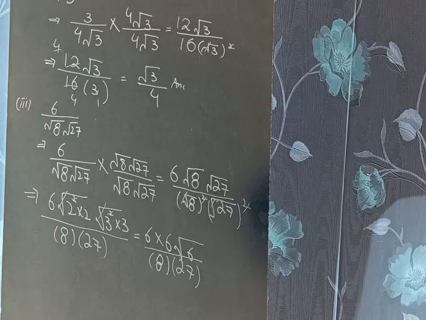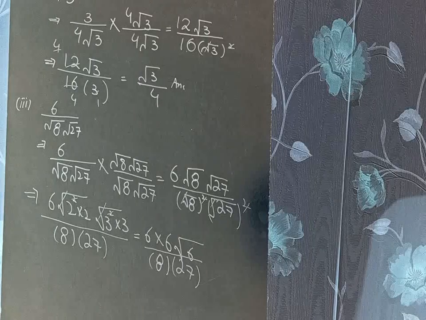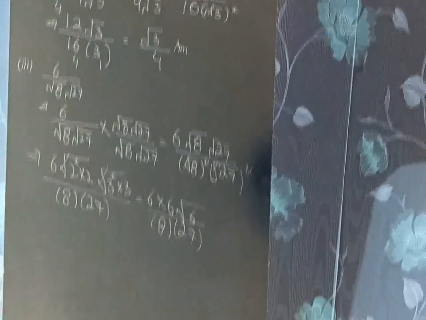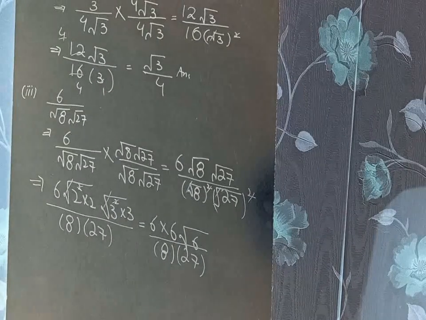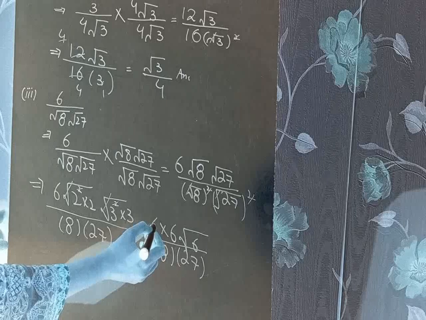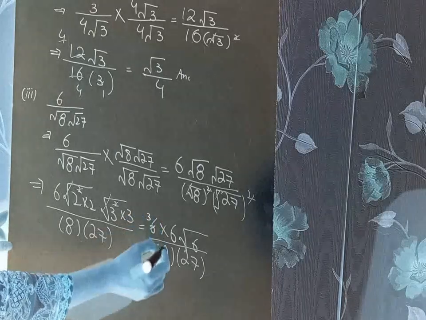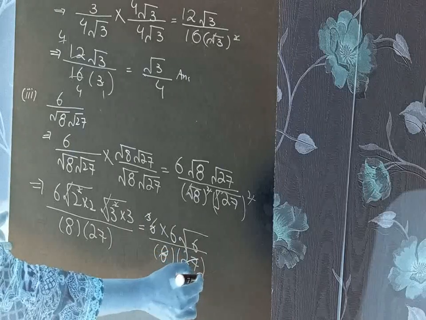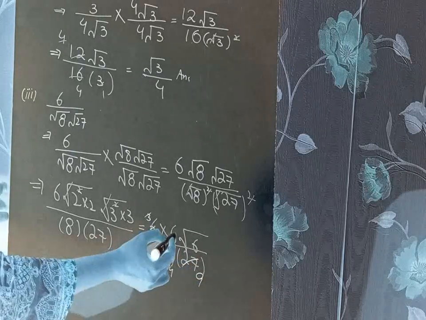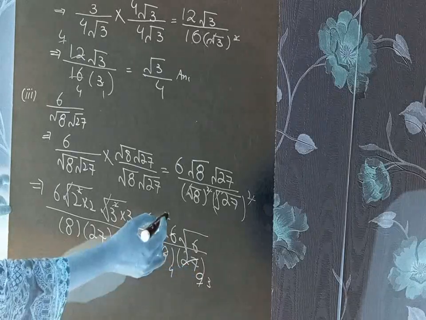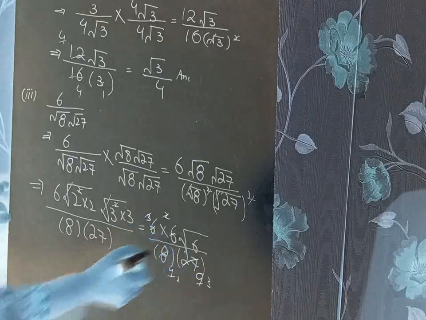If they are divisible by the same number, we can cancel them. We can cancel them in a way. 2 fours are 8, 3 nines are 27, 3 twos are 6, 3 threes are 9, 2 ones are 2, 2 twos are 4.